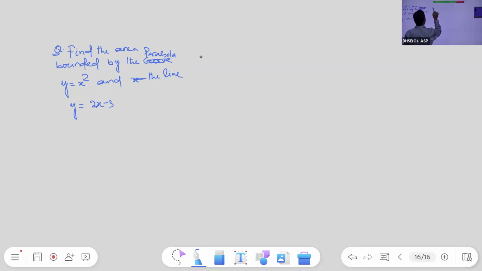Come to the solution. y is equal to x square is an upward directed parabola.